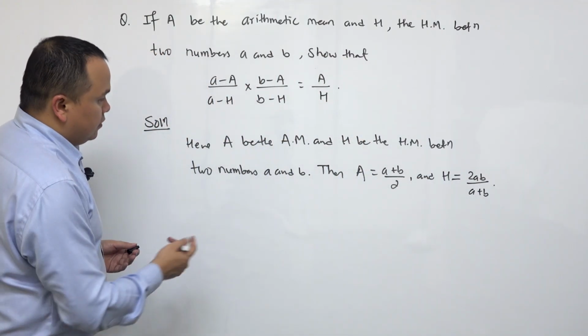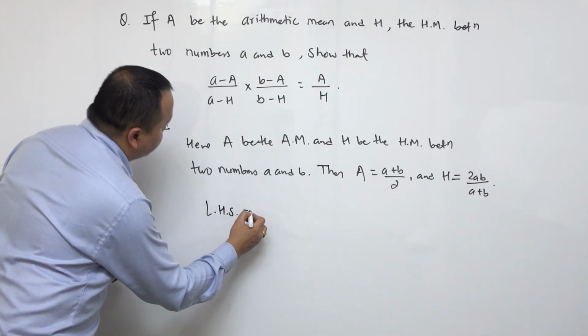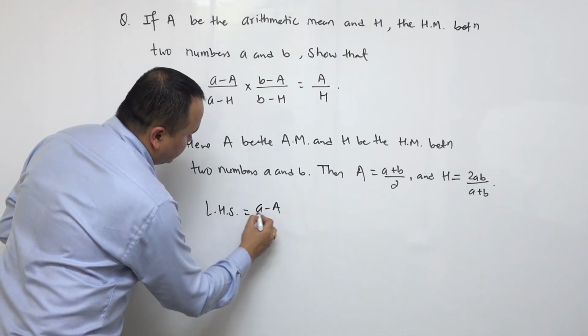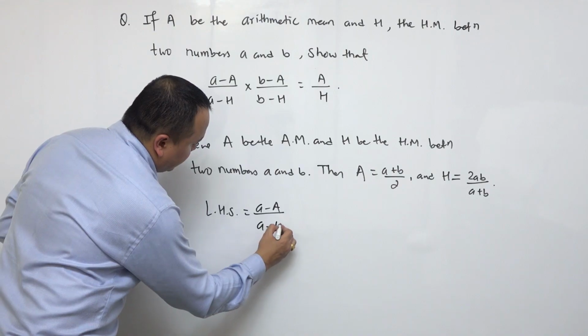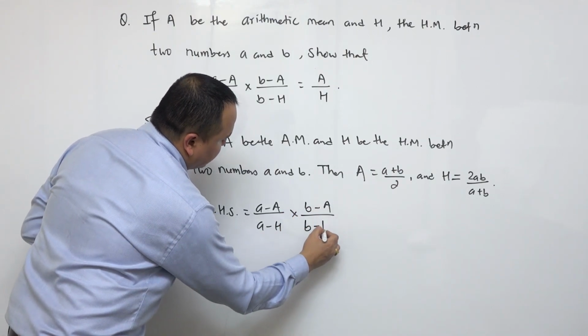Now our left hand side is (a minus capital A) upon (a minus H) into (b minus capital A) upon (b minus H).